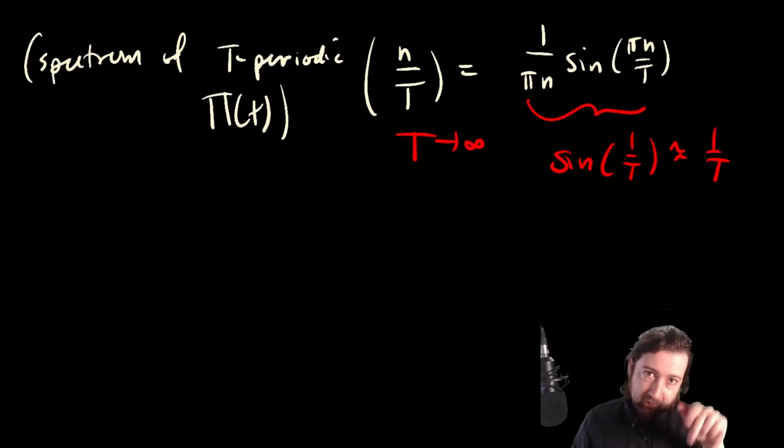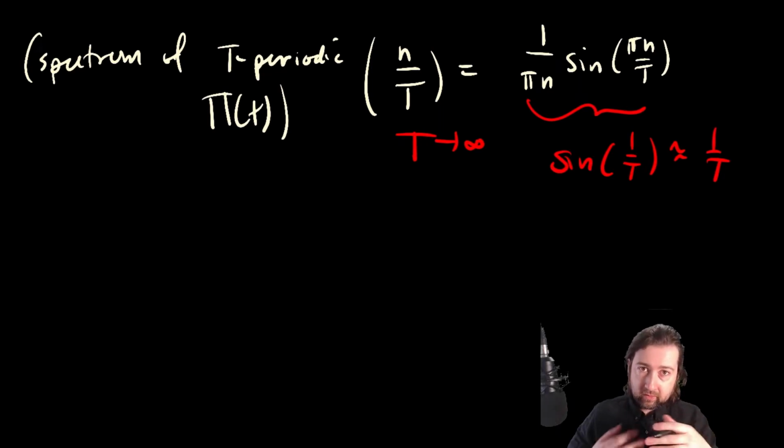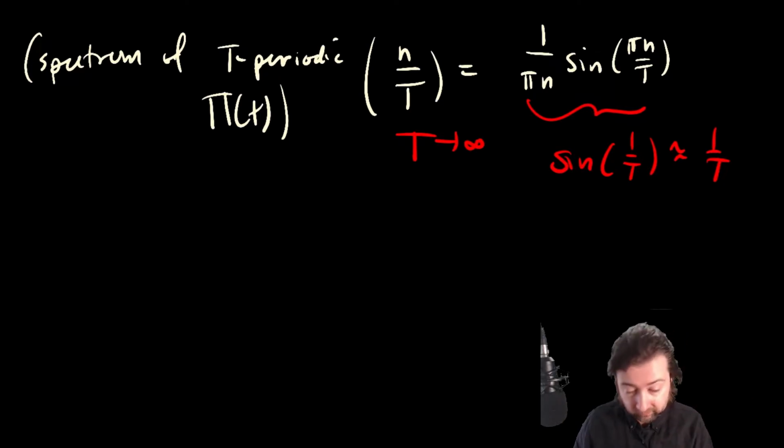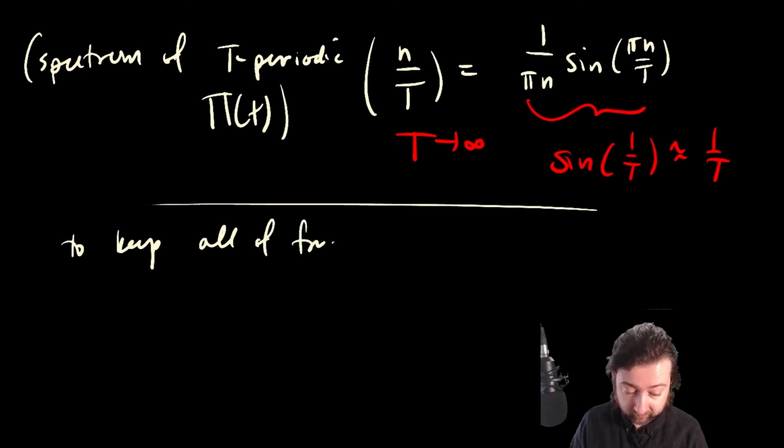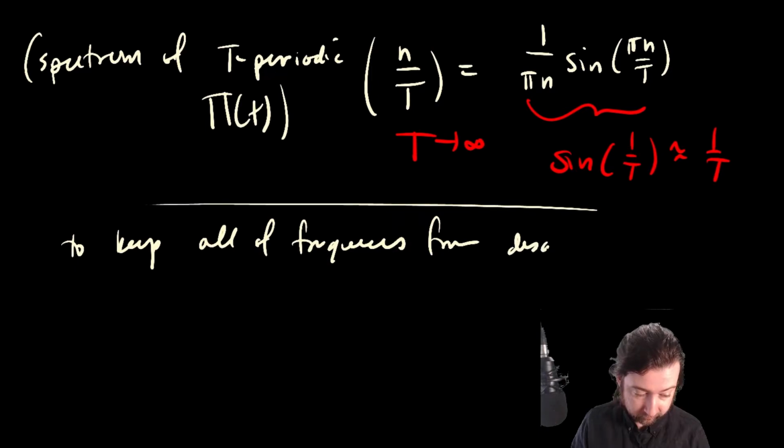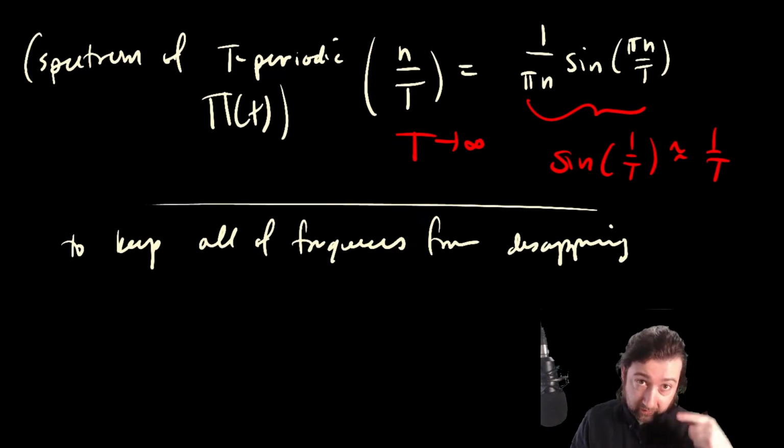And so if I want to adjust this so that all of that frequency information just doesn't disappear completely, I have to scale the answer in order to take the limit. So I have one more step to go. To keep all of the frequencies from disappearing, I have to introduce an extra factor of t.